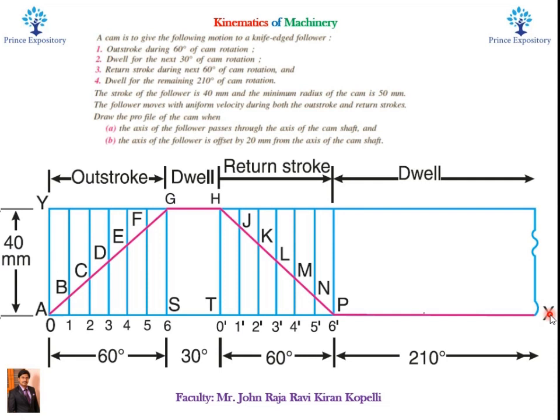Now in this way we have to draw the displacement diagram. Now the displacement diagram is ready for drawing the cam profile for case B that is given in the question. What is case B? The axis of the follower is offset by 20 mm from the axis of the camshaft. Now let us quickly look into how to draw the cam profile for case B.